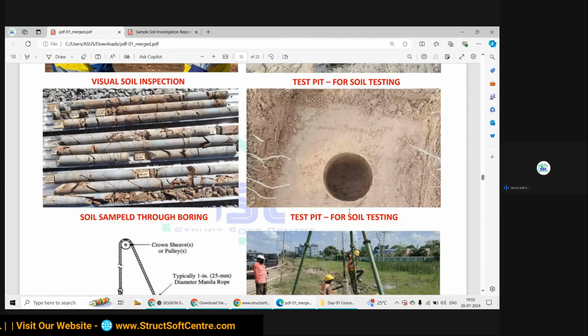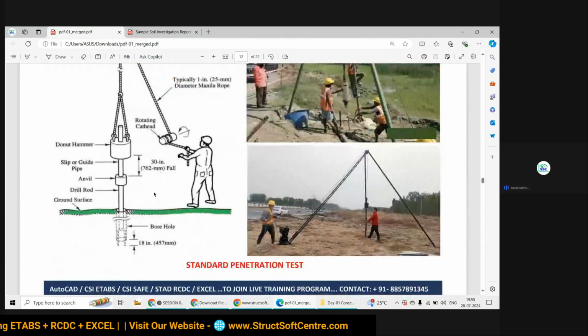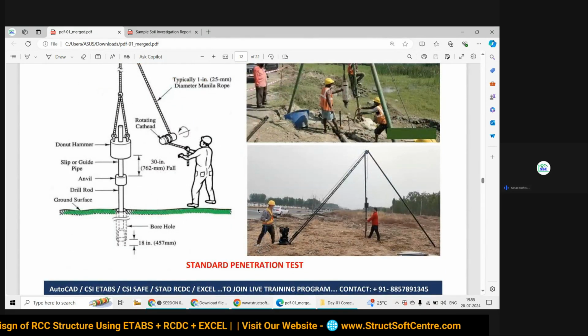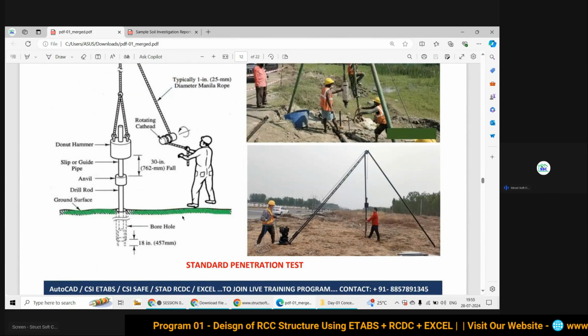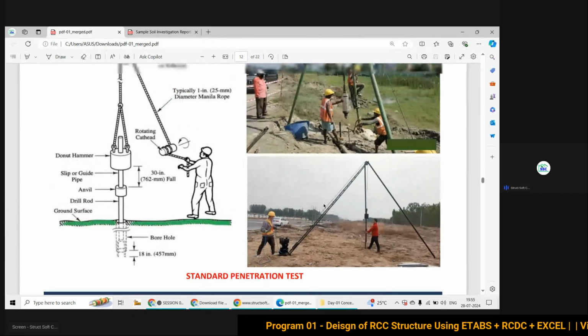Thereafter, there is the standard penetration test. In the standard penetration test, we are going to find out the stiffness of the soil and the density of the soil.